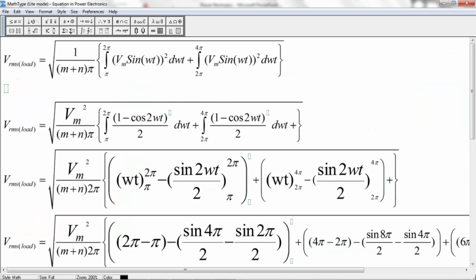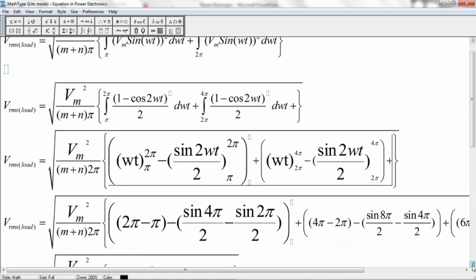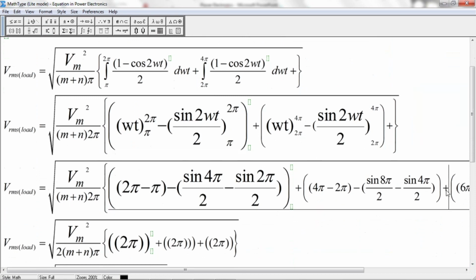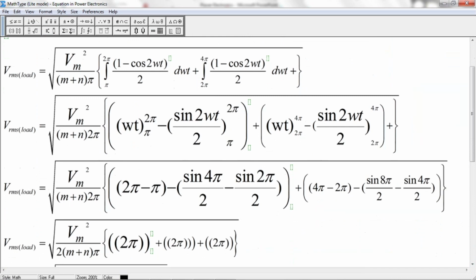Now you can see this term and this term are both the same, because 2 pi minus pi, sin 4 pi by 2, sin 2 pi by 2, and this is again 4 pi minus 2 pi, sin 8 pi by 2. This is 2 pi, this is 0, this is 0, so this part is completely 0.